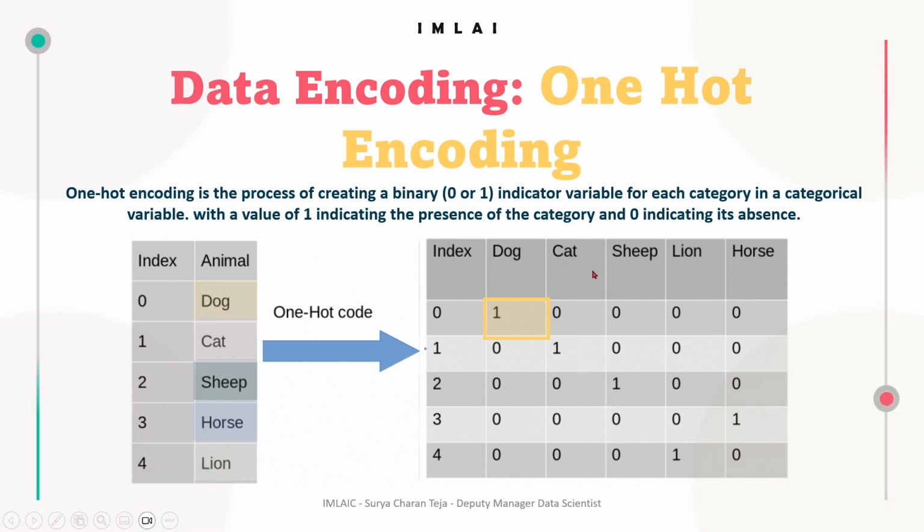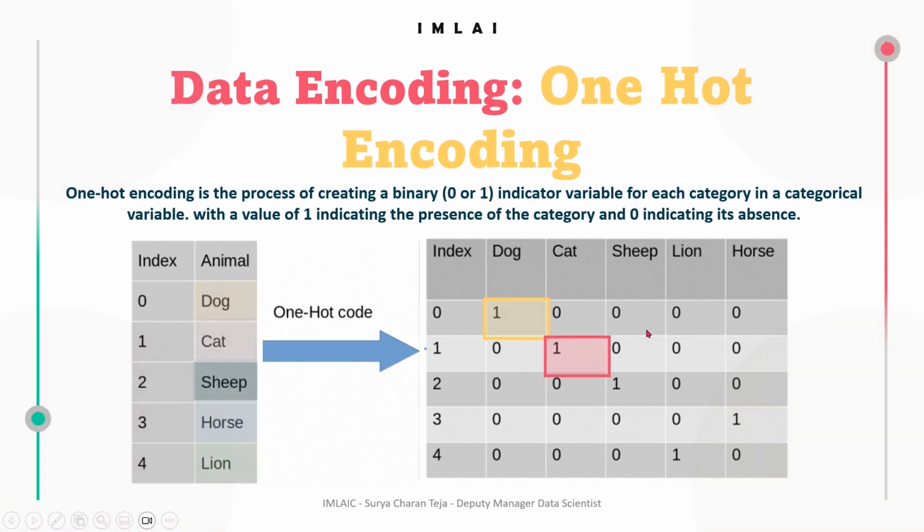So in total you have 5 dummy variables. In a specific row, if dog exists, the presence of dog will take the value 1 and all the rest will take 0. Here, dog's presence made dog take the value 1 and all other dummy variables are 0.